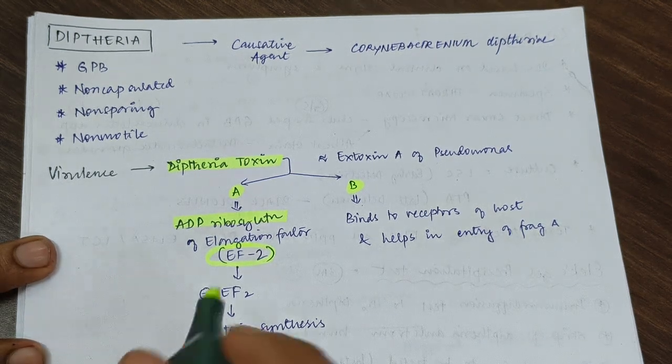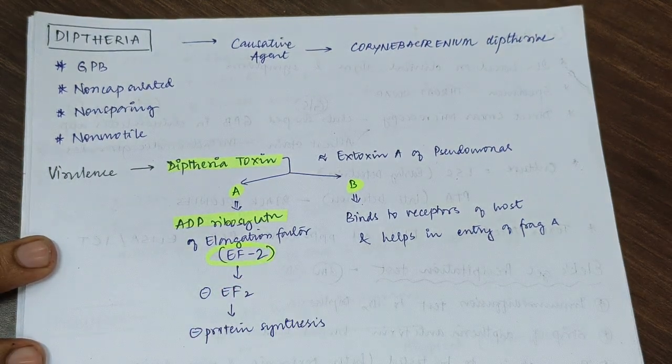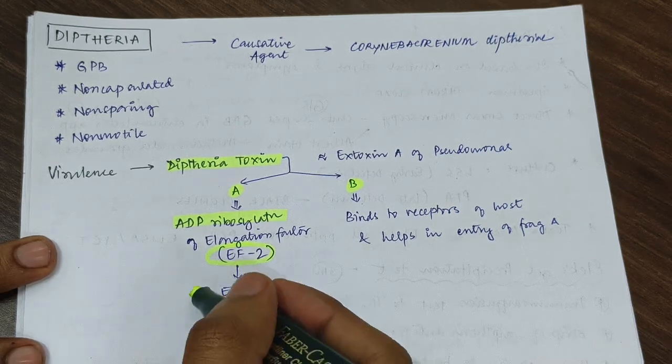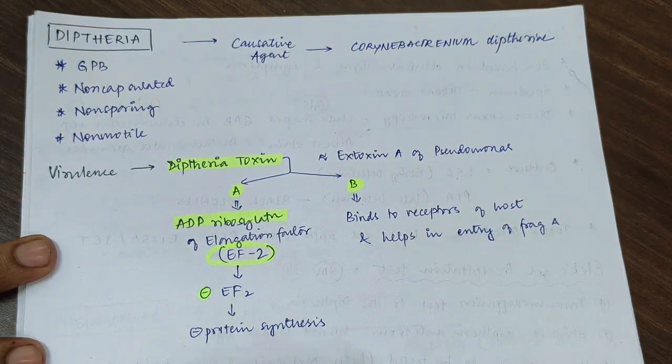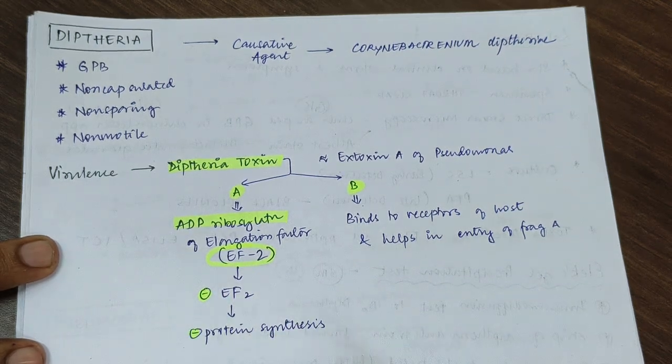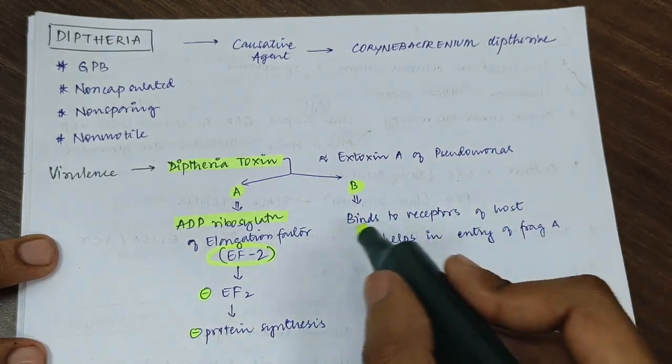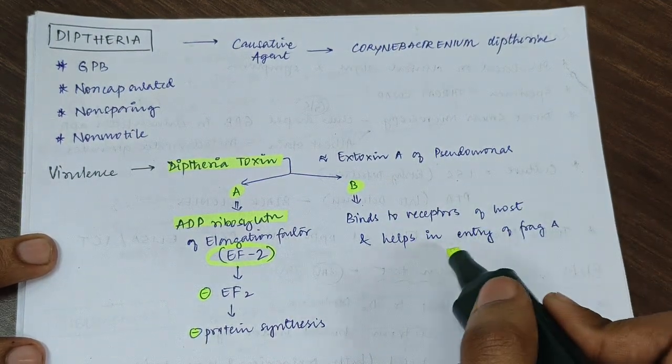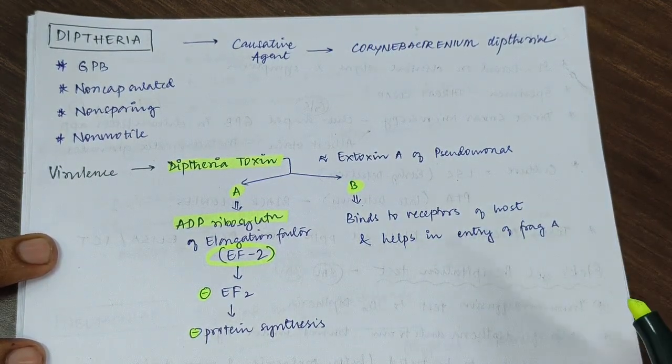Here it is elongation factor 2. Once ADP ribosylation occurs, this elongation factor is inhibited, leading to the inhibition of protein synthesis and cell death. Whereas B binds to the receptors of the host and helps in the entry of fragment A.